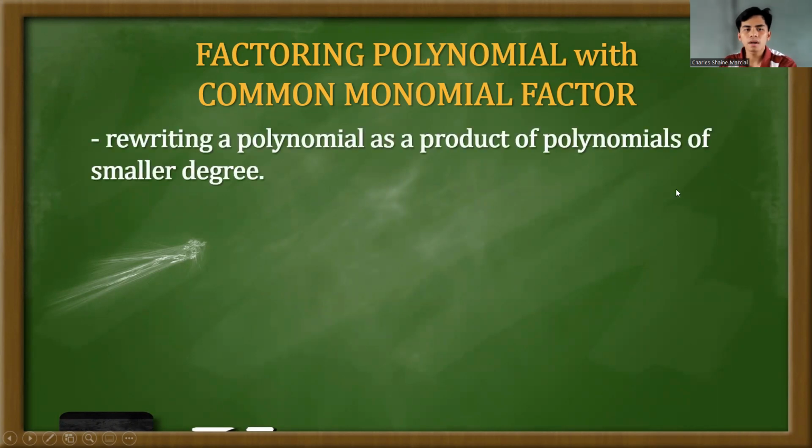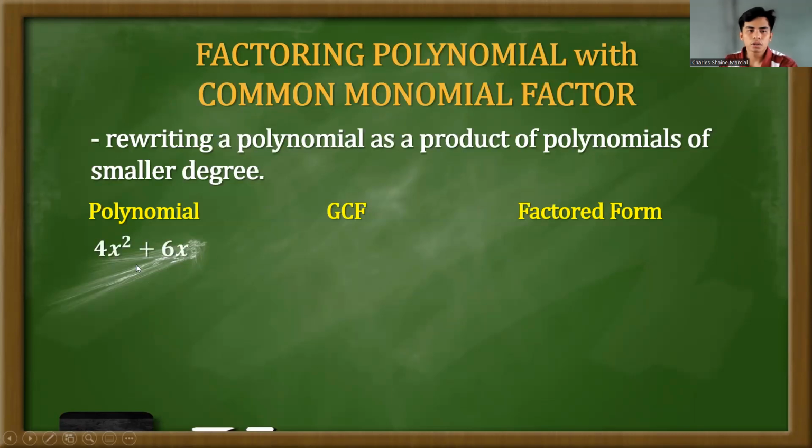So sabi dito, ang factoring is rewriting a polynomial as a product of polynomials of smaller degree. So let's have here a diagram. So dito, itong 4x squared plus 6x, ang unang gagawin natin is hahanapin natin yung GCF.